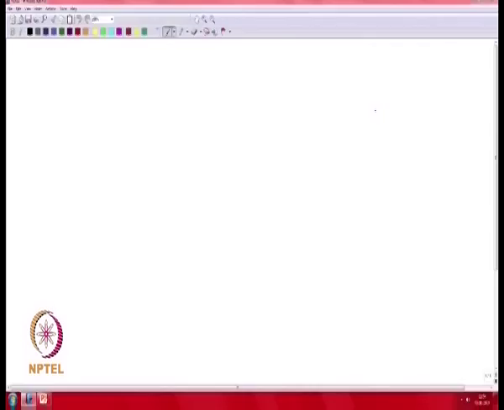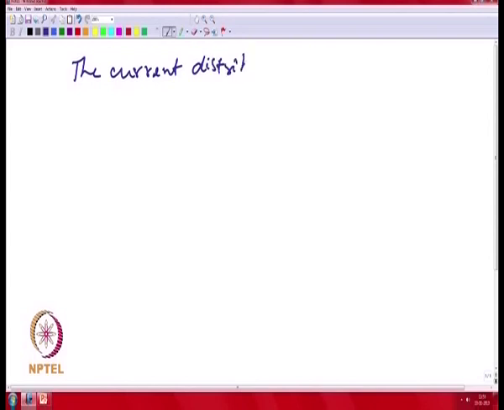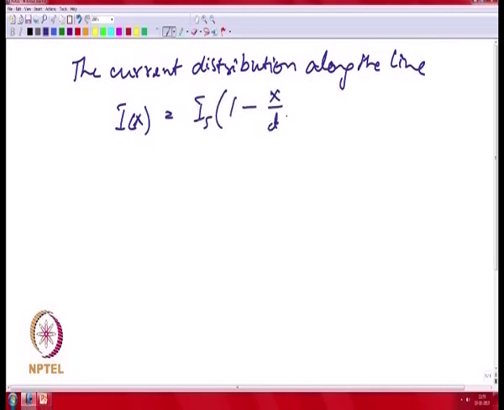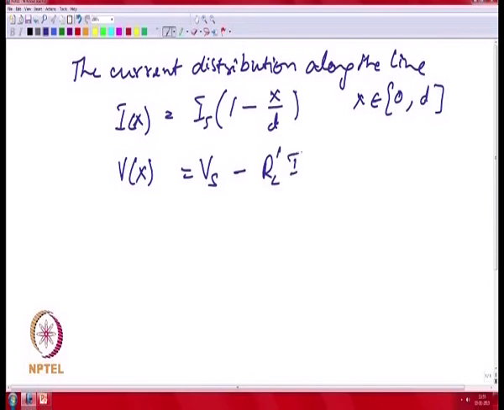So, for that, the current distribution along the line is given by I at position x is Is into 1 minus x by d, where x belongs to 0 comma d, and the voltage at x is the voltage at the substation minus R L prime Is, and we had derived this in class.